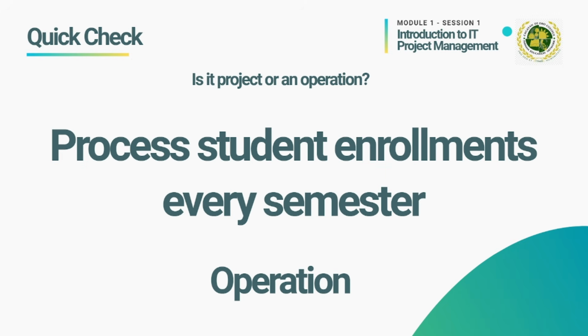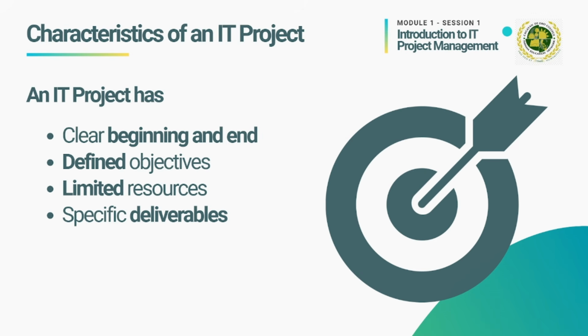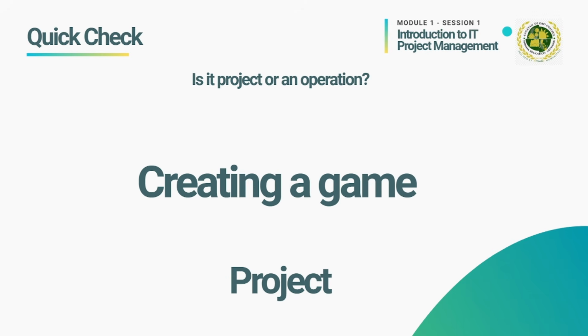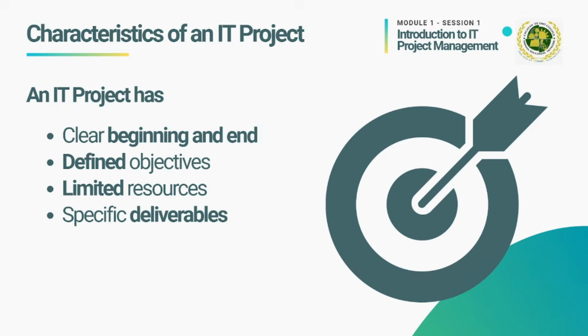Now, before we move on to the next topic, we have to review first. A project is a temporary effort. It has a start and an end. When we say operation, it is continuous. It is a project that is maintained over time, and it has no clear end because it's maintained over time.